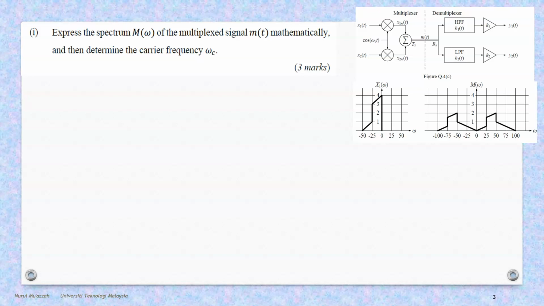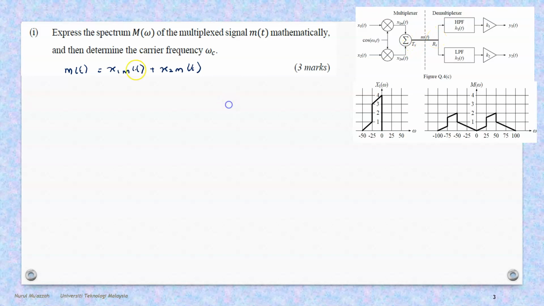Don't panic. We do not have to actually put the equation of this line here. No, we don't have to do that. We just have to put what we understand mathematically. Firstly, what we need to write is M(t) is actually X1M(t) plus X2M(t). This is the mathematical expression for M(t) in terms of time domain.